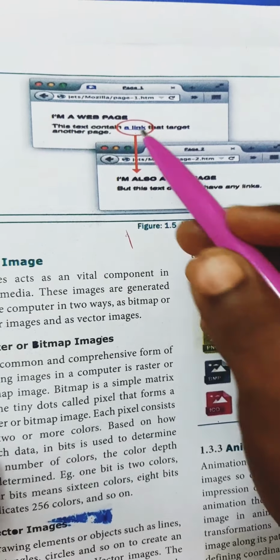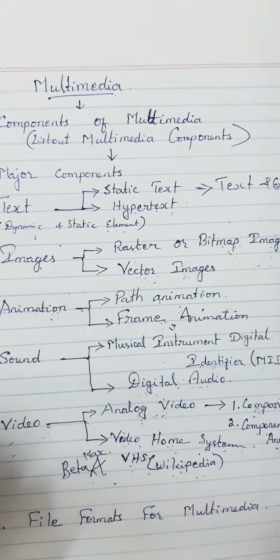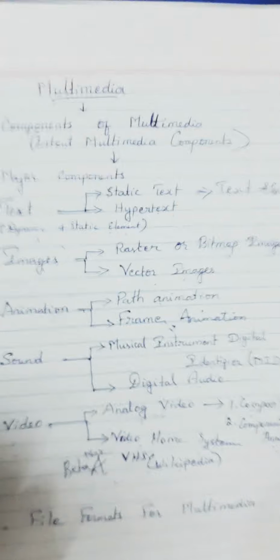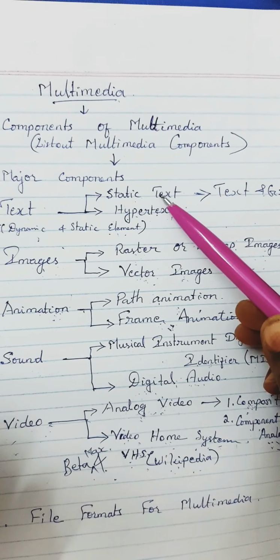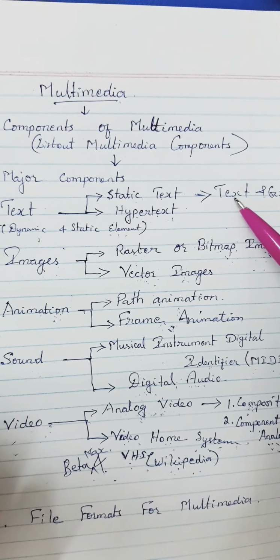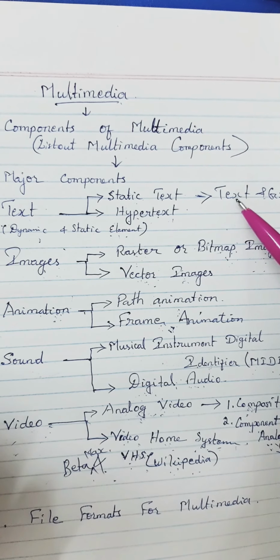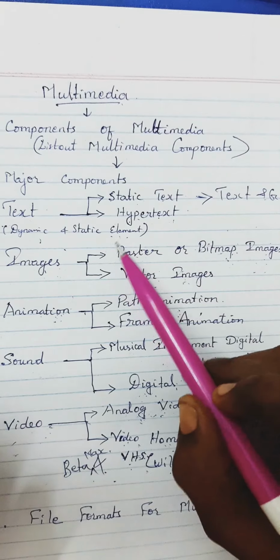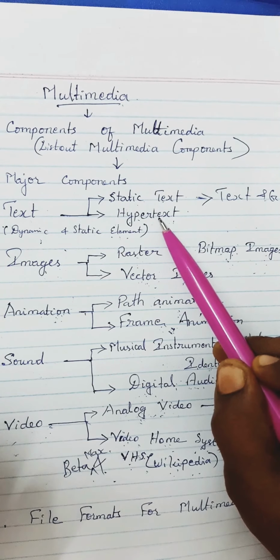It is called hypertext. Hypertext is nothing but linking to another software. The text is going to display the title of a text, using the heading style, a word or line or a paragraph. And hypertext links to another software.